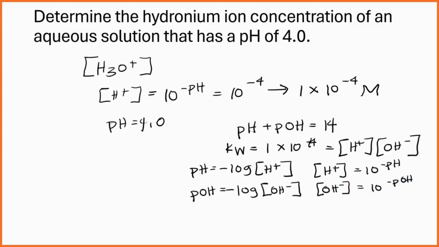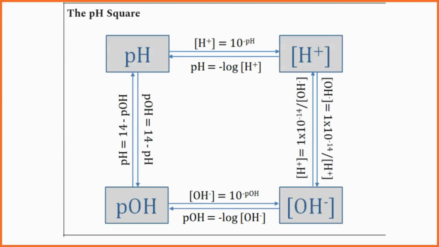So these are the main formulas that we're going to be using today, and they kind of go around in a square. So let me show you what that square looks like. They're the same exact formulas that I just had. Let's say that we have pH and we want to find pOH. I would simply do 14 minus the pH. So the direction of the arrow makes a difference.